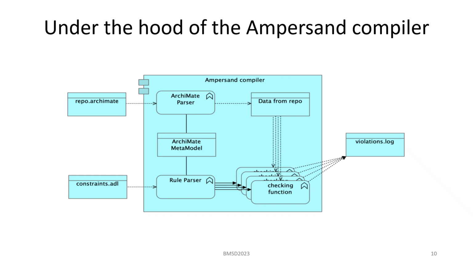The Ampersand compiler parses the Archimate metamodel and the conventions. Each convention is used as a checking function for all views in the populated underlying model.